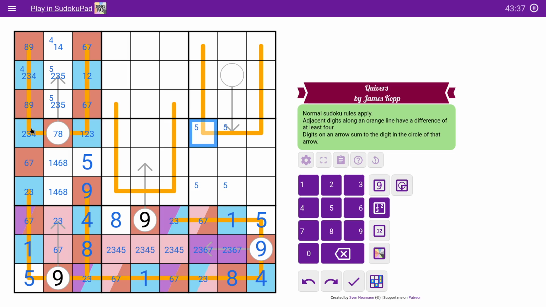I mean, it's all possible. This cannot be a 5 because that would make this a 9. A 5 here seems unlikely. Here, I mean, this can be neither 1 nor 9, so neither of these can be 5. Now, 5 here would make this a 1, 9 pair.